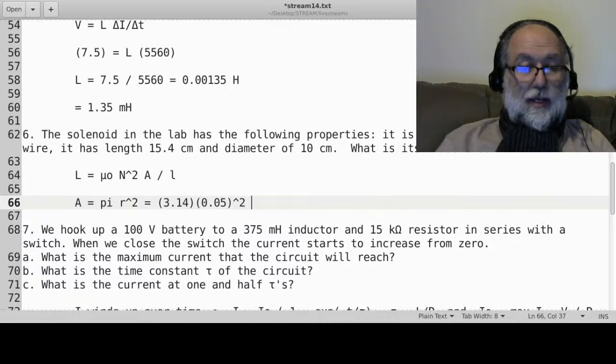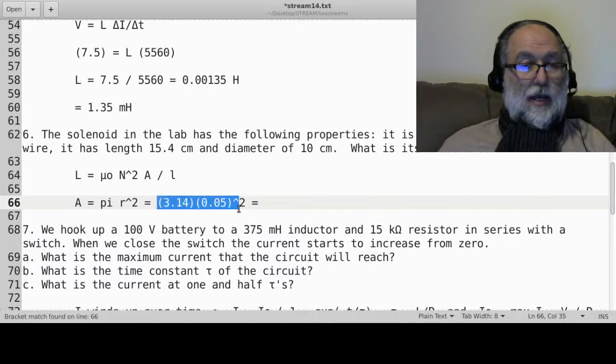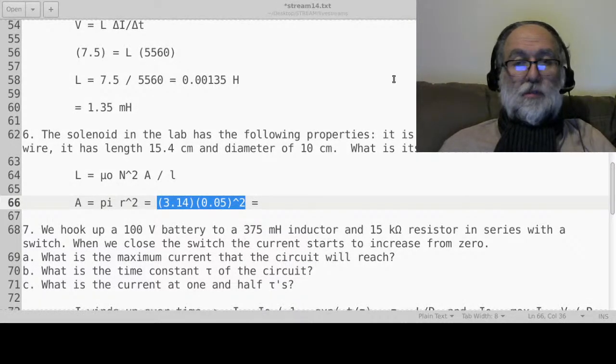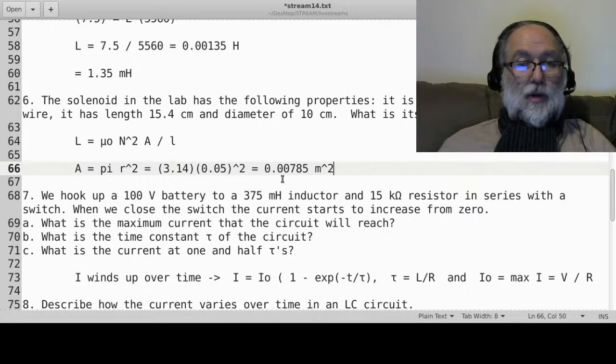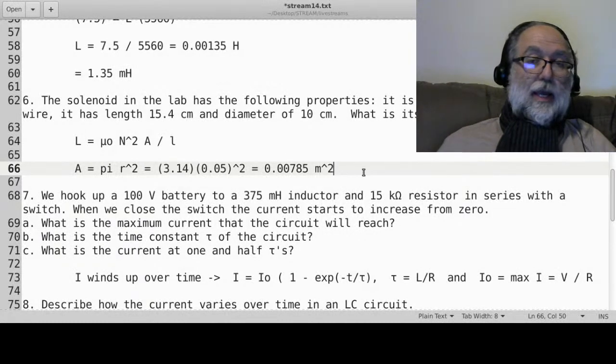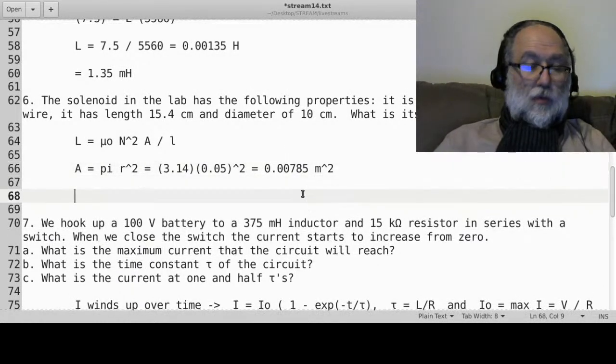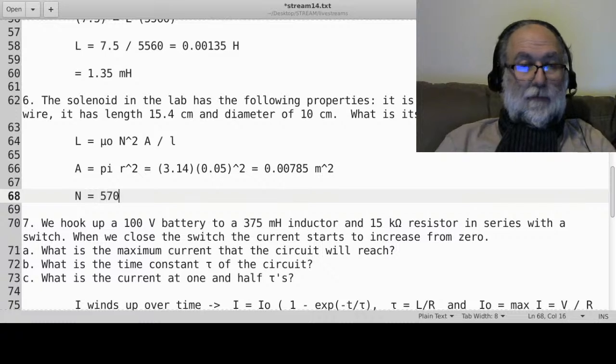Squared like that. And so the area enclosed by the solenoid loops is going to equal, actually this number came up just a minute ago because it's the same. So there we go, 0.00785 meters squared. All right, and so there's our A. N, well, I told you that N is 570.